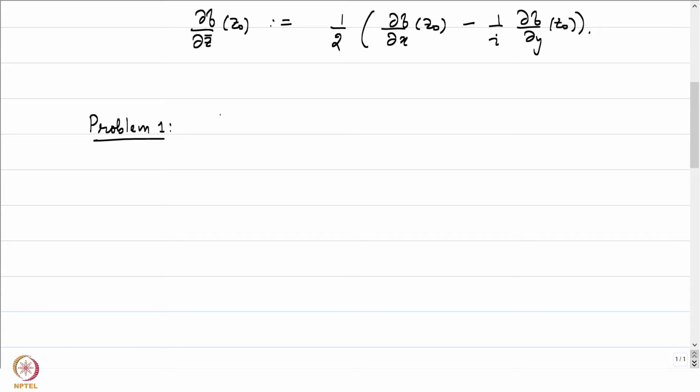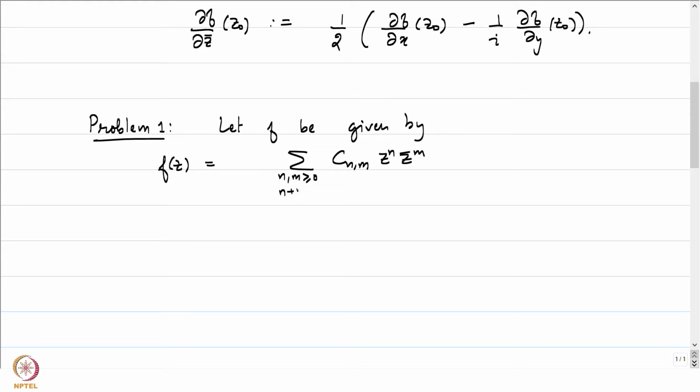Let f be a polynomial in z and z bar given by the following formula. Let f of z be equal to the summation of c n m z to the power n z bar to the power m. There are two subscripts, where n is for the exponent of z and m is the exponent of z bar, with n, m greater than or equal to 0 and n plus m less than or equal to d.